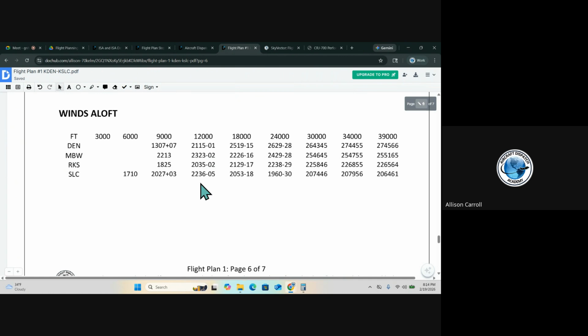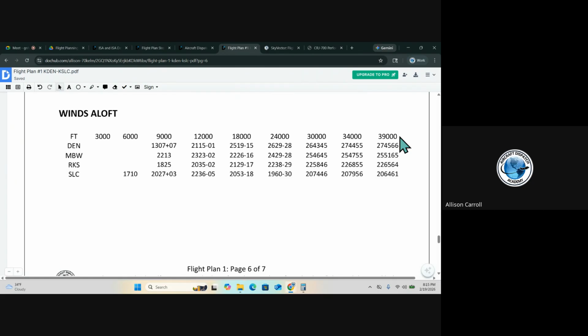Now, you have your different altitudes here. Our flight level is 38,000 feet. Well, we have a column for 34,000 feet and a column for 39,000 feet. Again, if you were doing the ADX, it would say you need to interpolate.